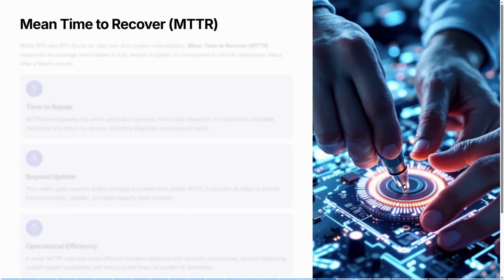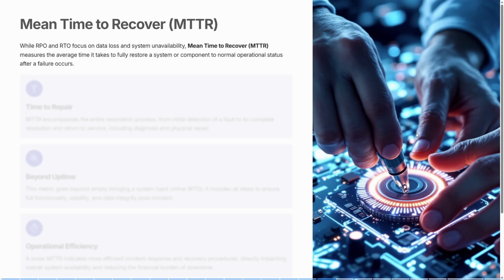Another option there was mean time to recovery. RPO and RTO, which is what we just looked at, are focusing on data loss and system unavailability. But mean time to recovery is measuring the average time it takes to fully restore that system or component to normal operational status after a failure occurs.